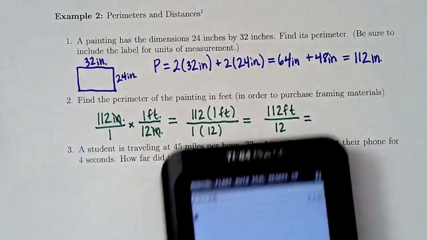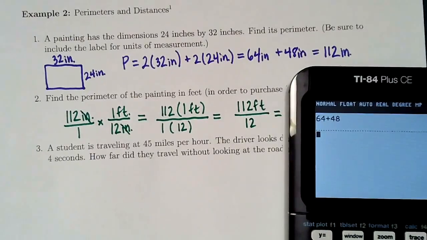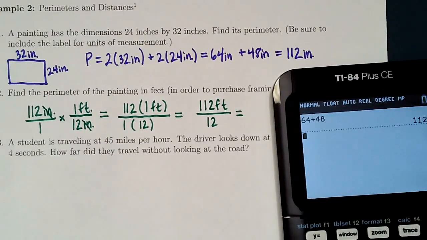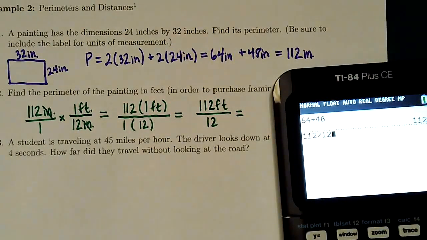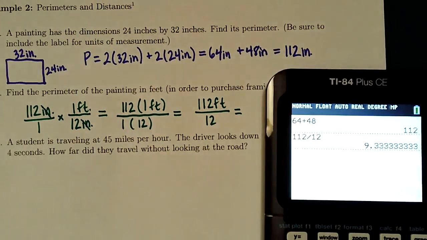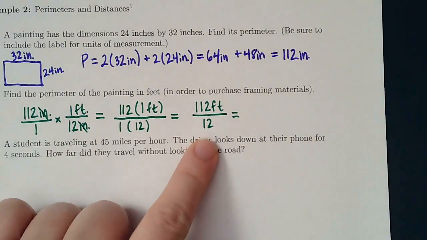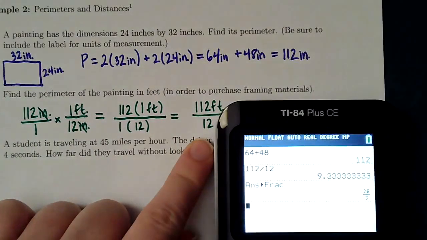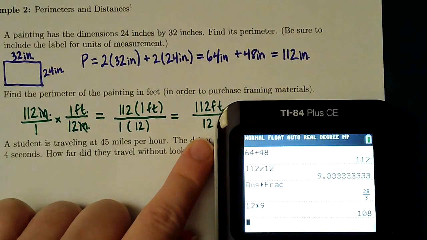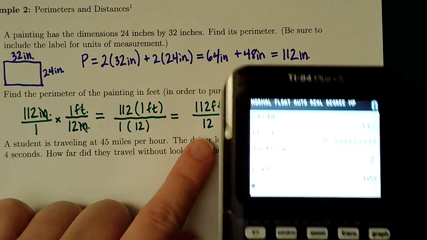I am not sure. Let's see, 112 divided by 12. Okay, so it looks like it simplifies down to thirds. Well, let's see. 12 times 9 is 108.